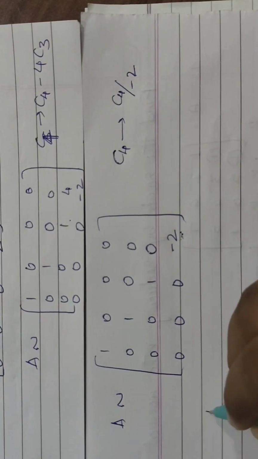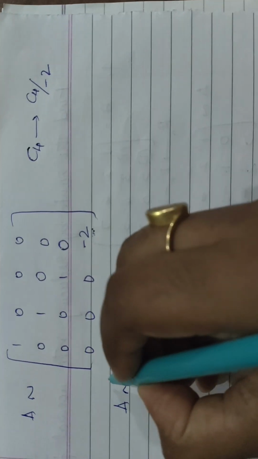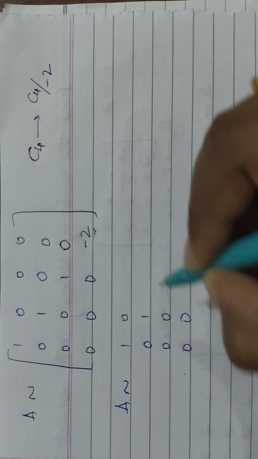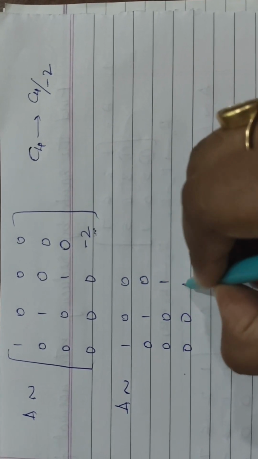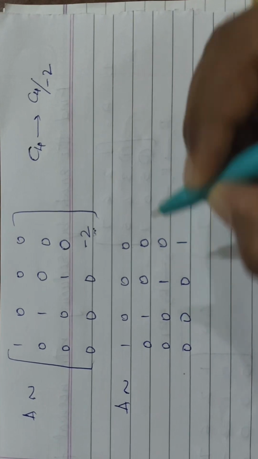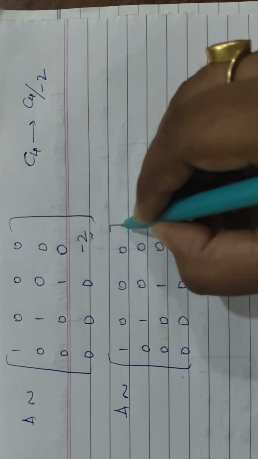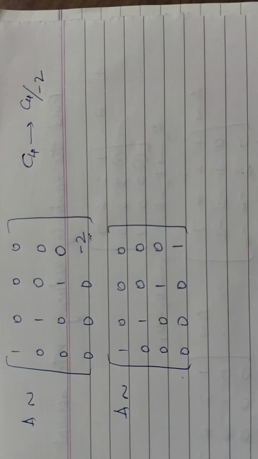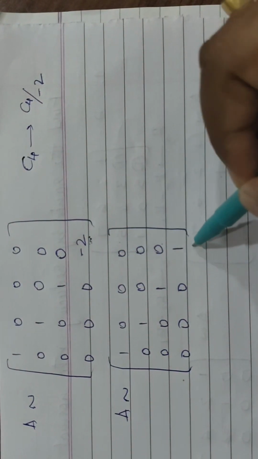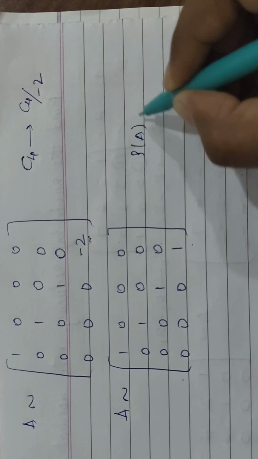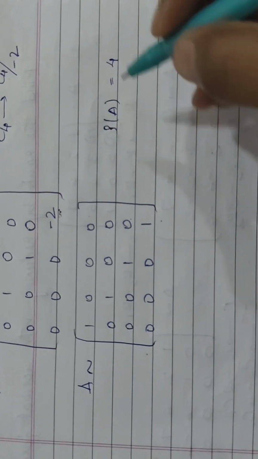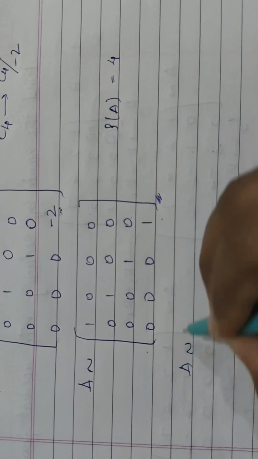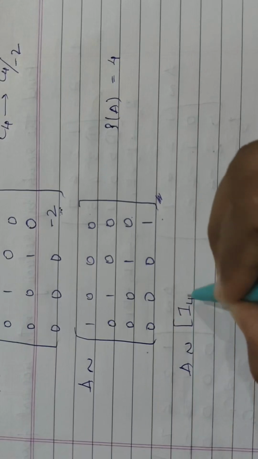Therefore, A is equivalent to 1 0 0 0, 0 1 0 0, 0 0 1 0, 0 0 0 1.